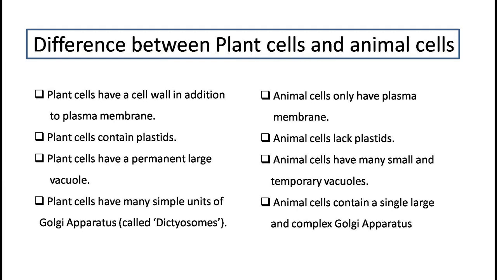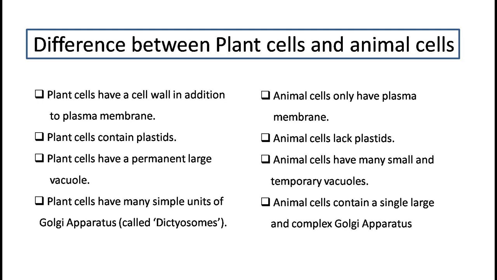Now we have some differences between plant cells and animal cells. Plant cells have a cell wall in addition to the plasma membrane. Animal cells only have a plasma membrane. Plant cells contain plastids. Animal cells lack plastids. Plant cells have a permanent large vacuole, whereas animal cells have many small and temporary vacuoles.